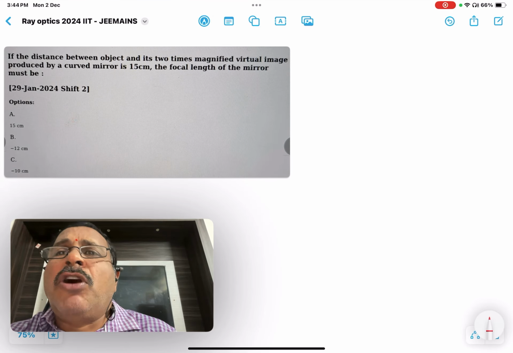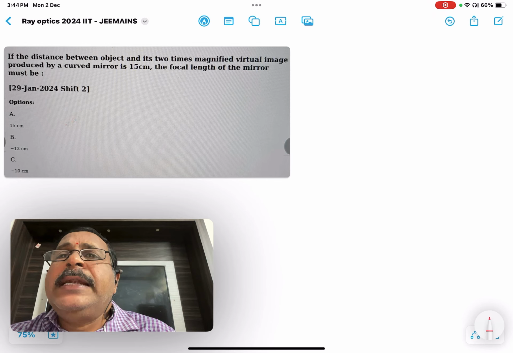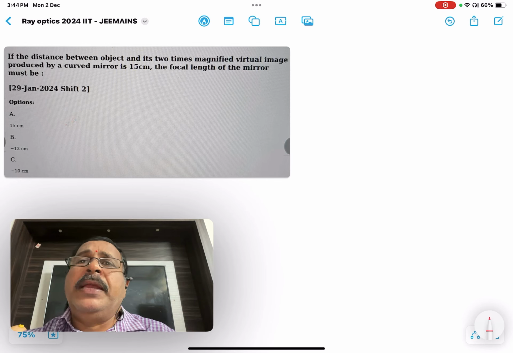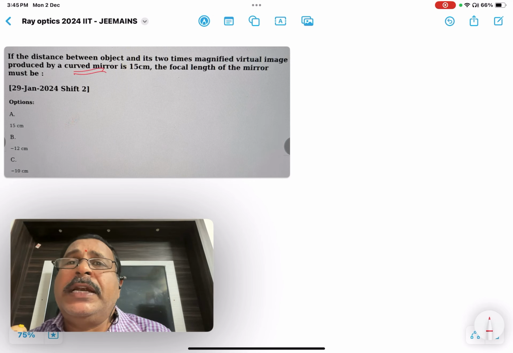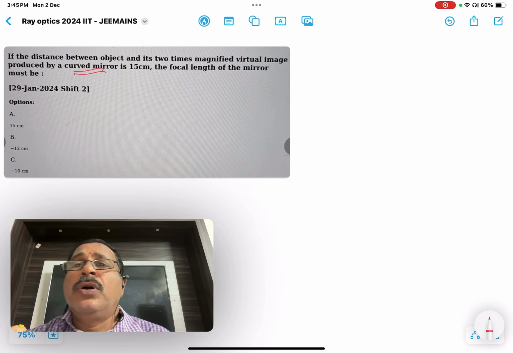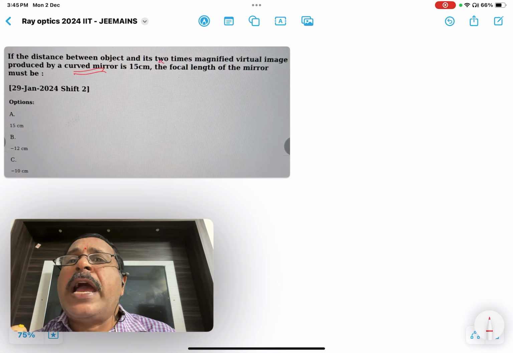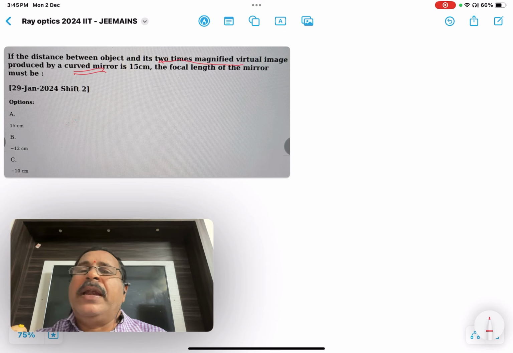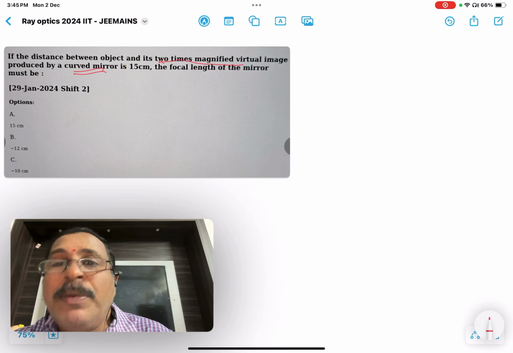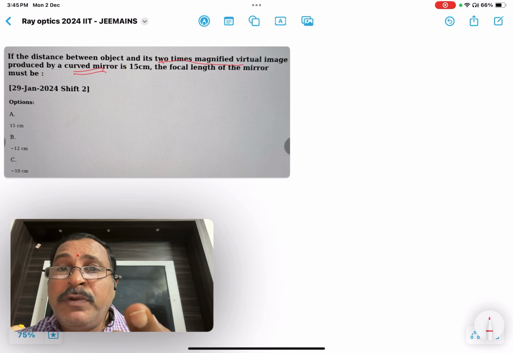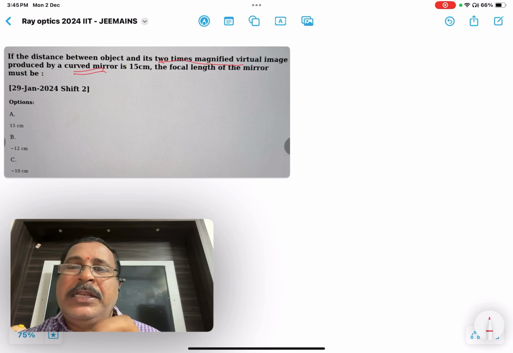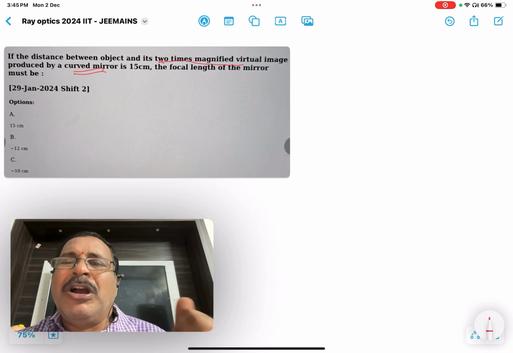If the distance between object and its 2 times magnified virtual image produced by a curved mirror. Curved mirror means we don't know whether it is a convex mirror or a concave mirror. But one clue is given there: the image is two times magnified. In the case of a concave mirror, you get magnified images and diminished images, depending upon the position of the object.